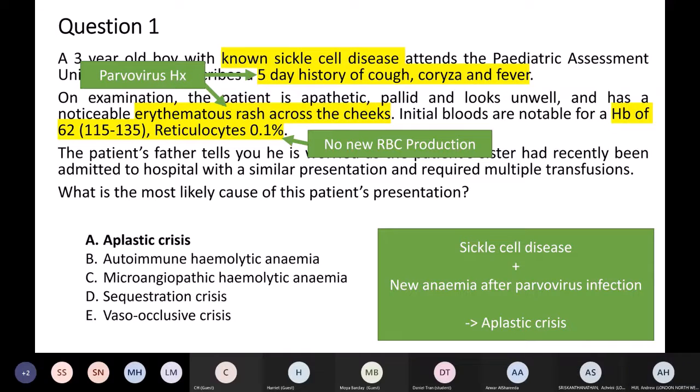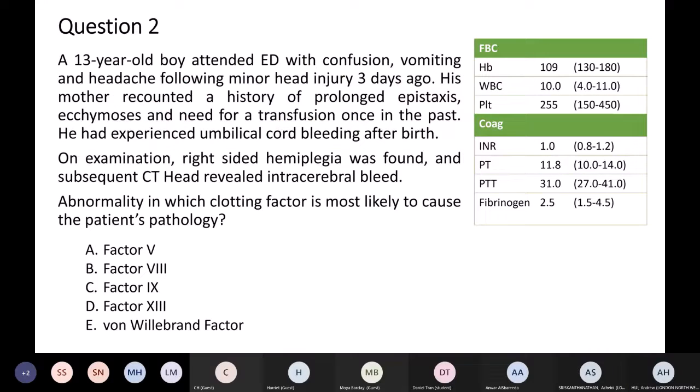Okay, so let's move on to the next question. Question 2 here, we've got some bloods. A 13-year-old boy attended ED with confusion, vomiting and headache following a minor head injury 3 days ago. His mother recounted a history of prolonged epistaxis, ecchymoses, and a need for a transfusion once in the past.